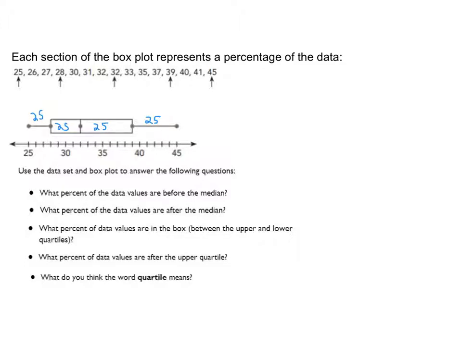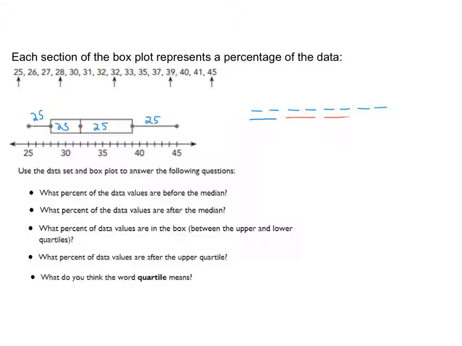And we're talking about actual pieces of data, the number of numbers. So, for example, let's say I had 1, 2, 3, 4, 5, 6, 7, 8 pieces of data. The bottom whisker would represent this bottom 25%. The next box would represent this 25% of the data.